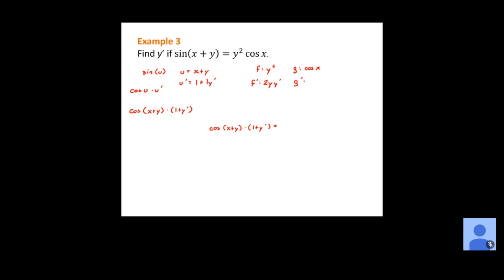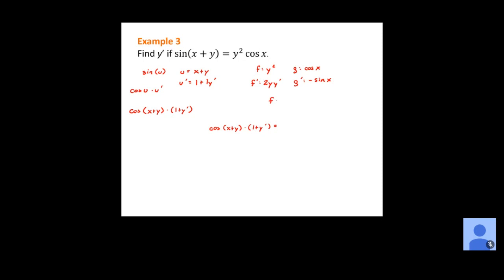And our g prime is going to give us what? Negative sine x. Perfect. That's the derivative with respect to x, so we don't need anything additional on that one. Now we have all the pieces.